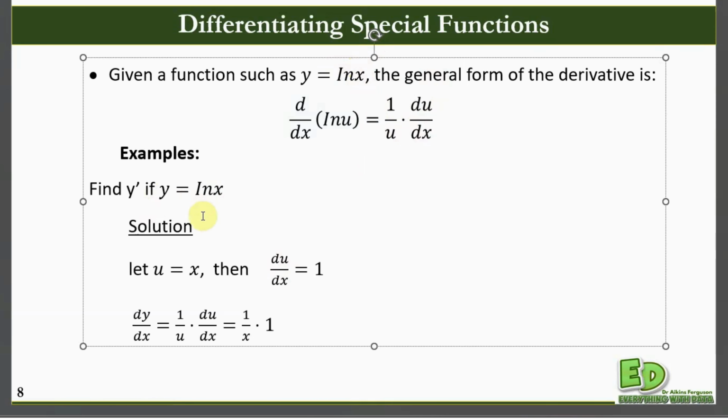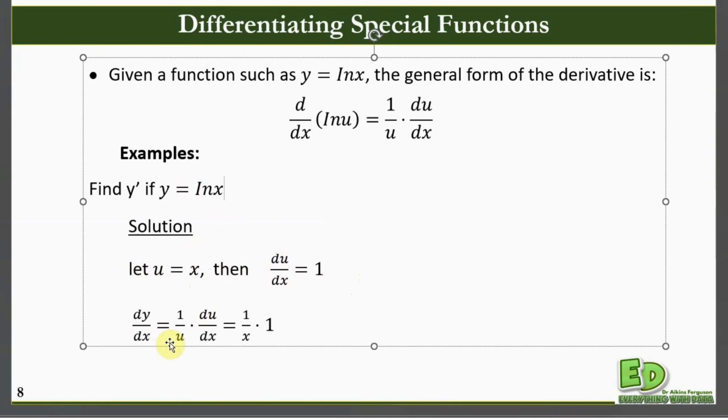Find y prime if y is equal to ln of x. Which of these terms is our u, our function? It is the x here when the ln is taken away. So let u be equal to x. Then du over dx is equal to 1, the differential of x is 1.